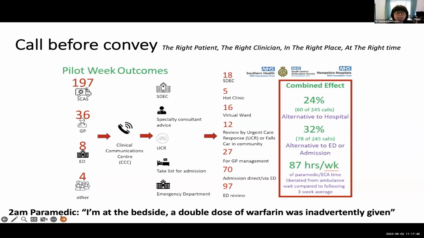And then some people who needed to come directly to our emergency department. What we have found with this experiment is that people really, really like it. You basically have the paramedic at the bedside making a call straight through. An example of a call I got at 2 a.m. was a paramedic who had been at the bedside for an hour with a patient who had a long-term disability and was in a care home, and a double dose of warfarin had inadvertently been given.